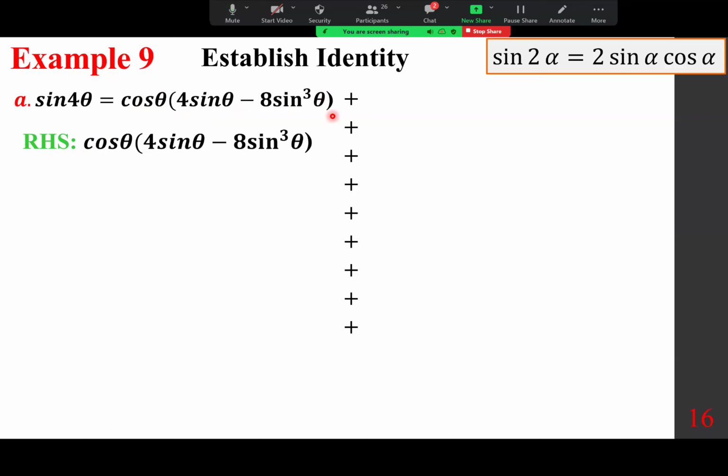Notice we can factor out the 4 sine theta from the parentheses. So if I take the 4 sine theta out, this gives me 1. This gives me negative 2 sine squared.